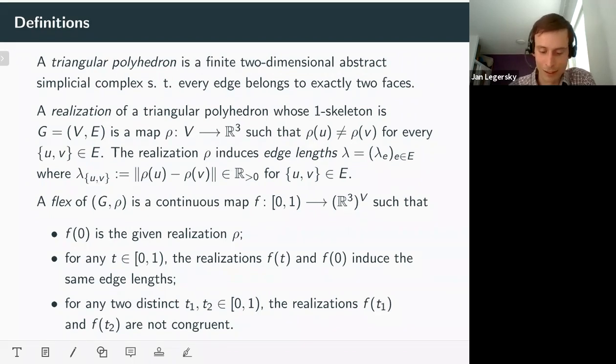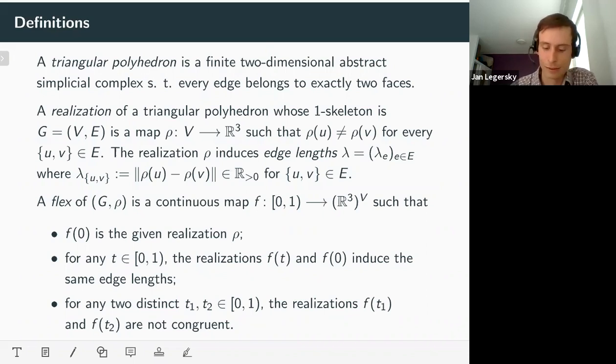Before we go to some other examples and previous results, let me just briefly recall the definitions we use. By triangular polyhedron, I mean an abstract, finite, 2-dimensional simplicial complex, such that every edge belongs to exactly 2 faces. So there are no boundaries, it's a triangulation of a closed surface, and I can realize this polyhedron using the terminology of rigidity theory.